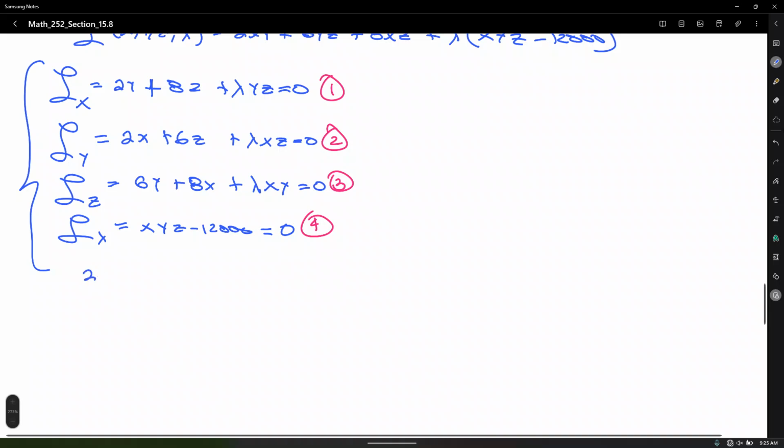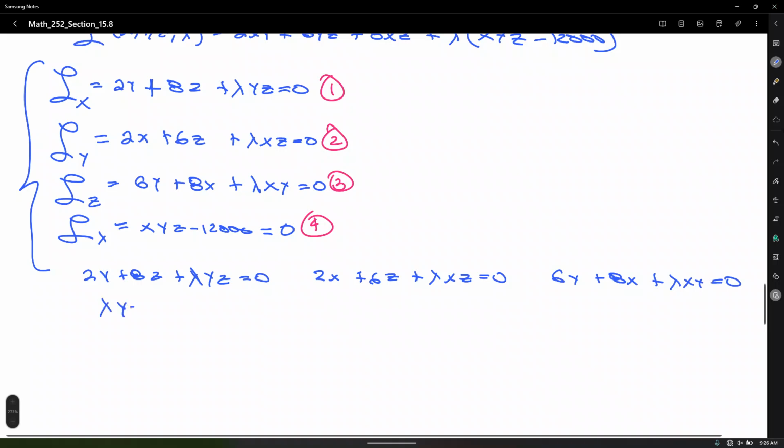That is 2y plus 8z plus lambda yz equals 0, 2x plus 6z plus lambda xz equals 0. And lastly, 6y plus 8x plus lambda xy equals 0. Okay, so let's solve for lambda for the three equations.